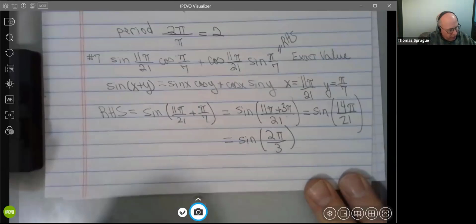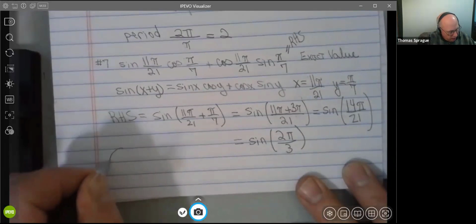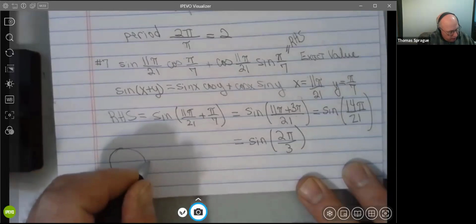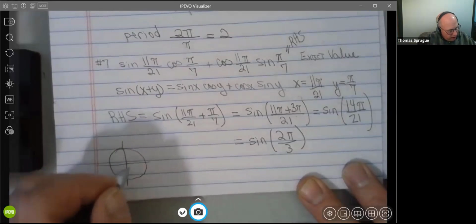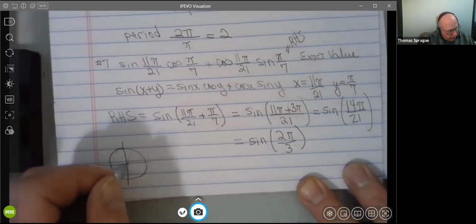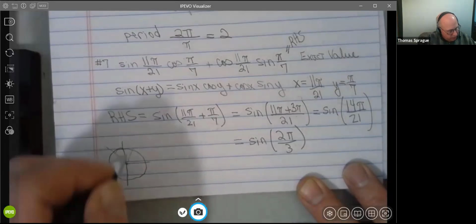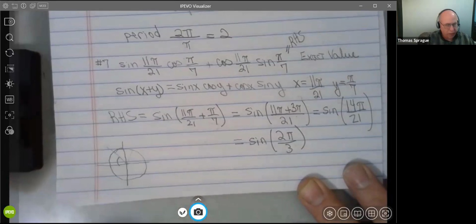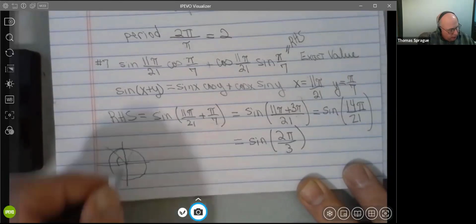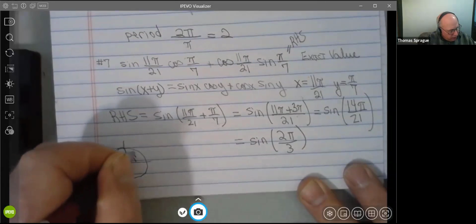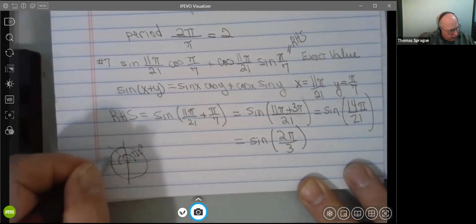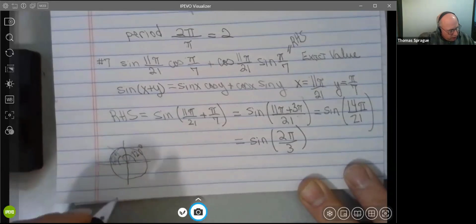So this is 120 degrees. On sort of kind of the unit circle, 60 is like in here. 120 is about there. So I've got 60 here for a reference angle. So around here, 120 degrees, 60 degrees.